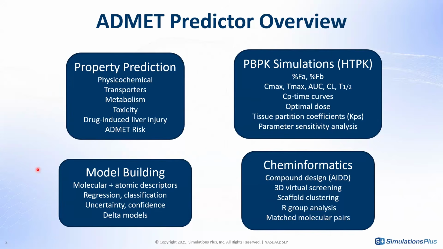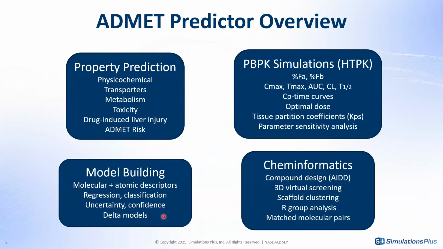The model building engine is what we use to build the commercial models, and clients can use that same engine to build models using their own data. It comes with our molecular and atomic descriptors, supports several modeling methods, both regression and classification type. Uncertainty estimates are provided for regression models and confidence estimates for classification models.